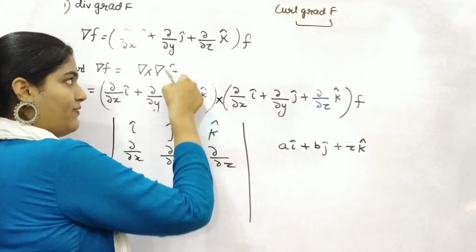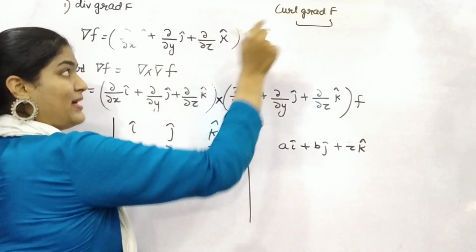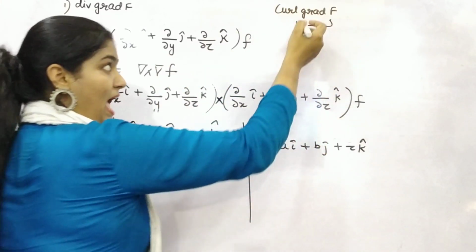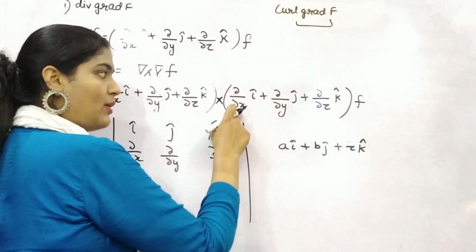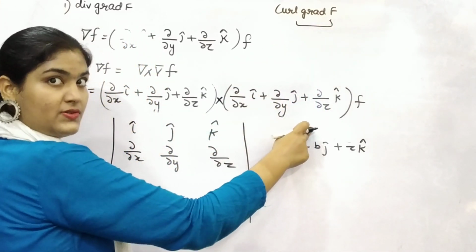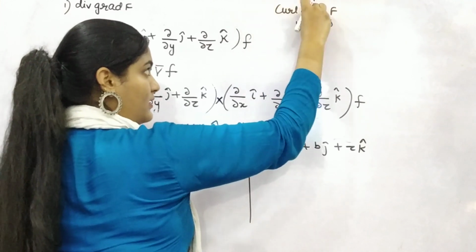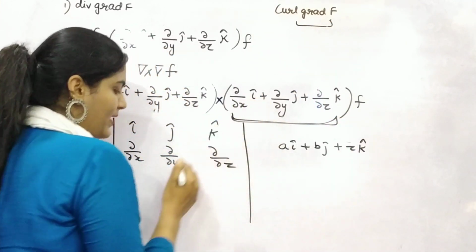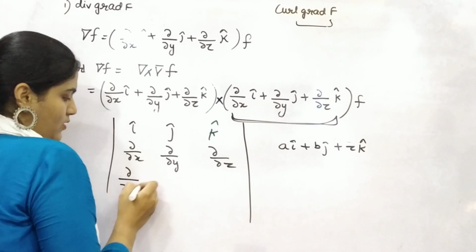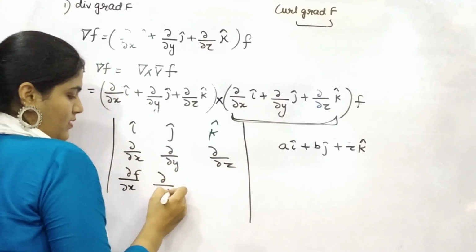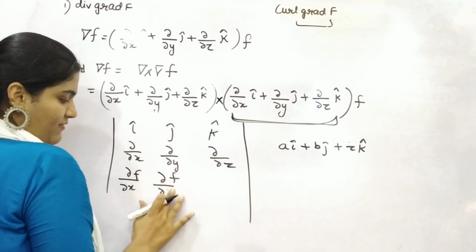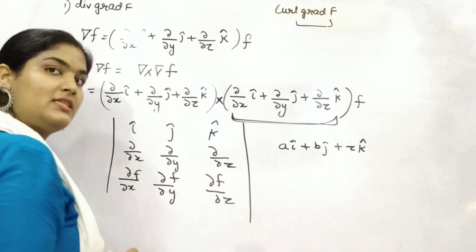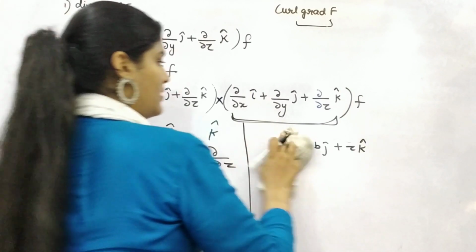Del of del f, because you want to find out the curl of gradient f, and gradient f has already got partial differentiation factors, right? So for curl, your factors are these. So the i part is partial of f with respect to y, partial of f with respect to z, right? Now let's sort it out.